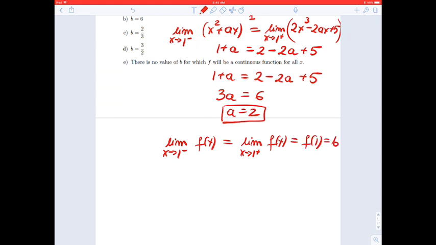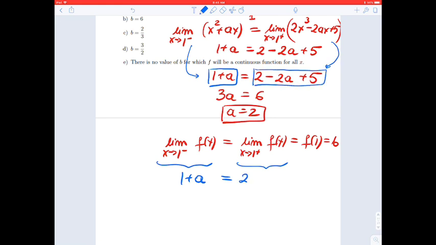Okay, that's me. Let's find out what is the limit. What is the limit on the left hand side? What is the limit on the right hand side? And this will give me the value of b. I have the value of a, and I know that my limit on the left hand side, actually I was going to point this out, is defined as 1 plus a. 1 plus a must be the same like the limit on the right hand side, 2 minus 2a plus 5.